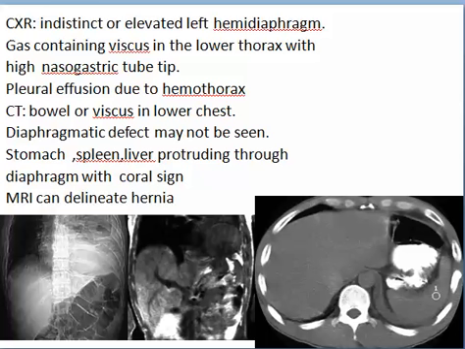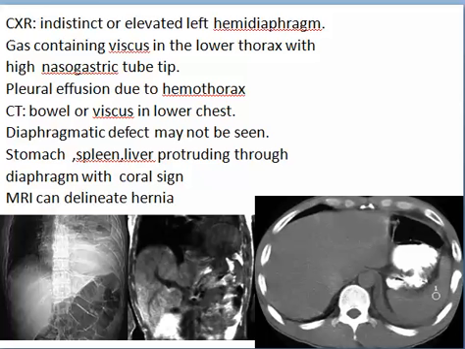Indistinct or elevated copula of the diaphragm, left lower opacity, gas-containing viscus inside, barium or contrast-containing viscus, pleural reaction, so bowel in the chest. The diaphragmatic defect may not be seen.